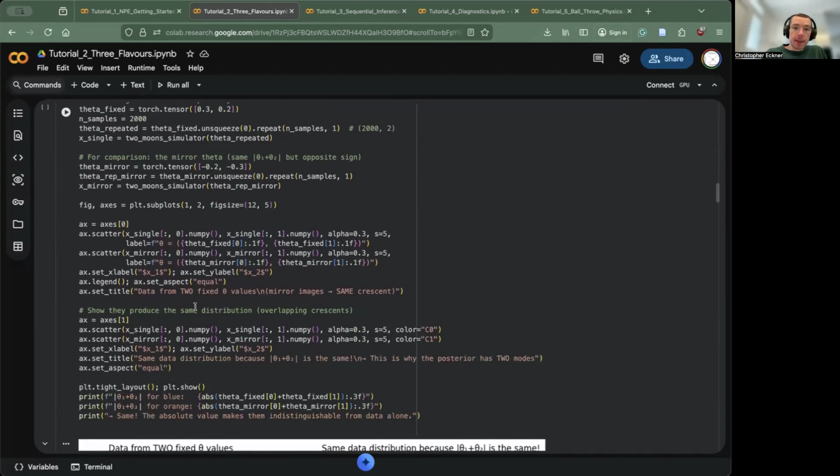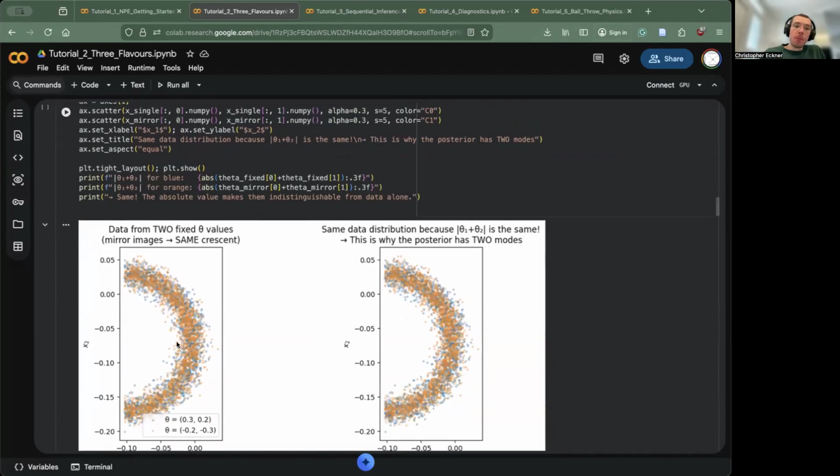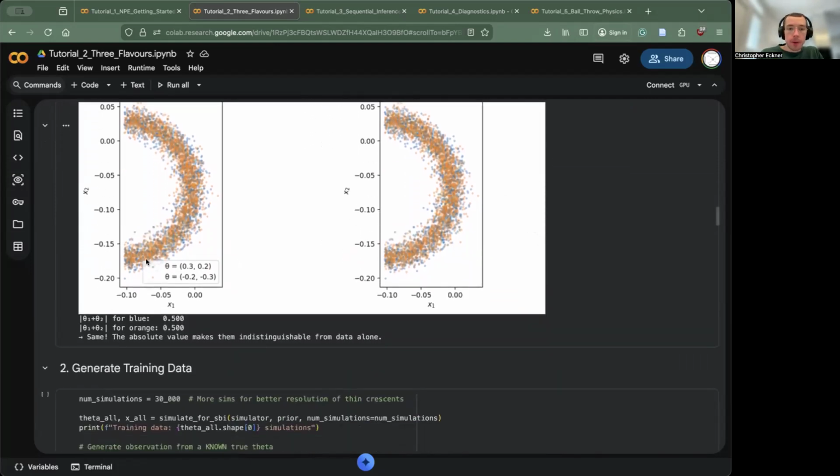You see that the semicircle that is produced by, let's say, choosing 0.3 and 0.2 is also mirrored by minus 0.2 and minus 0.3. So both of these parameters would produce the same example. And what you want is that your posterior catches this.